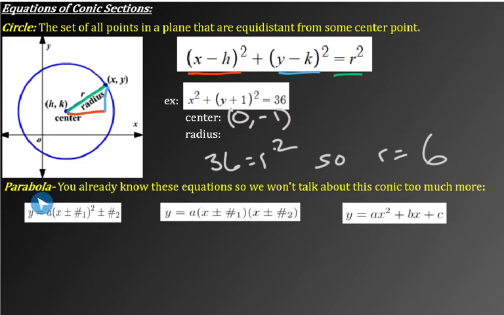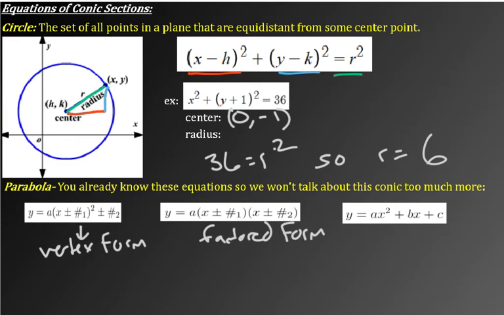Parabolas, I'm not going to actually talk about these that much in this unit because we already know a lot about these. I just want to do a really, really quick review. So we've got 3 different ways that we write parabolas that are all written down here. This one is vertex form, right? And it's always the vertex is given by the opposite of this number, and then whatever this number is, okay? This one is factored form.